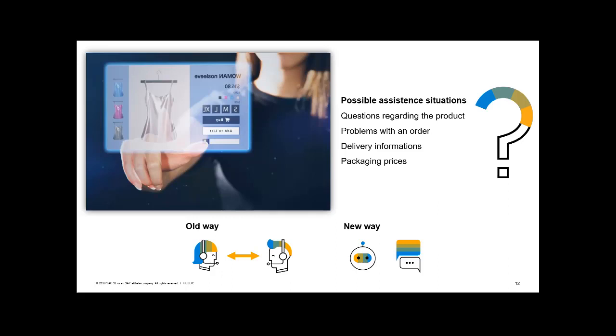So we could improve the time of the customer support, and we could improve the efficiency of the customer support. And of course, here we have the same positive point. The chatbot can answer my user and my customer all the time, 24 hours a day, and I don't have to wait for the official support times where a support agent can help me.